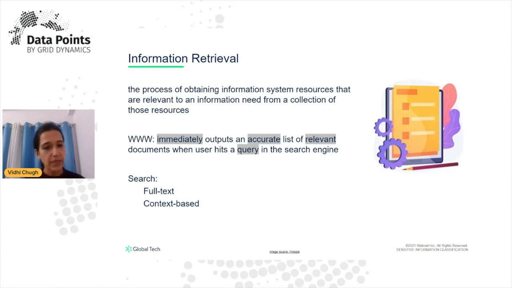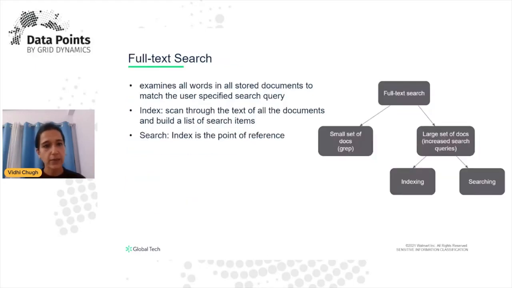So search can be based on full text or context. I'll talk about full text now. Full text takes all the words in the stored documents and tries to match them across the search query. If we think of it in a brute force manner, it is more like I have n words in the query, and you can call word interchangeably with terms, right?